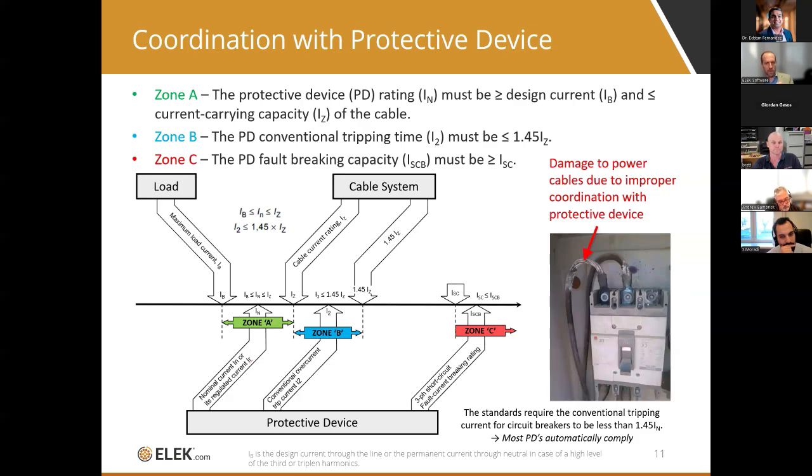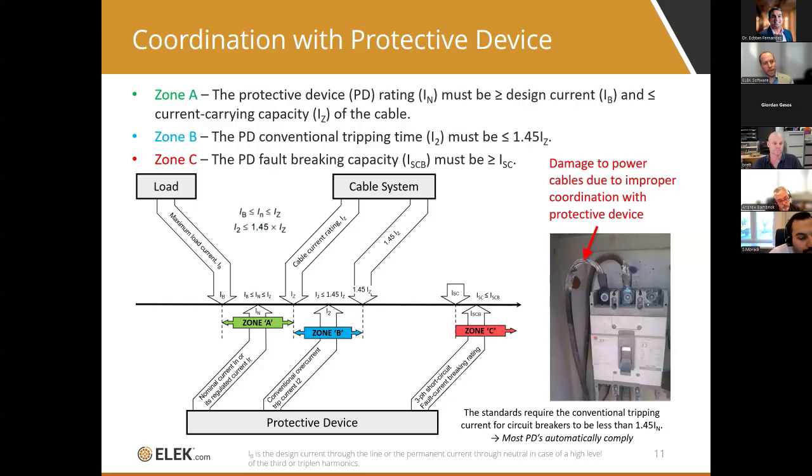So in other words, the protective device is there to protect the cable, right? It's to protect the circuit. Otherwise, during a fault or an overload, I should say, the cable is going to get damaged. And we can see an example there in the photo of a miscoordination of the design between the cable size and the protective device rating.